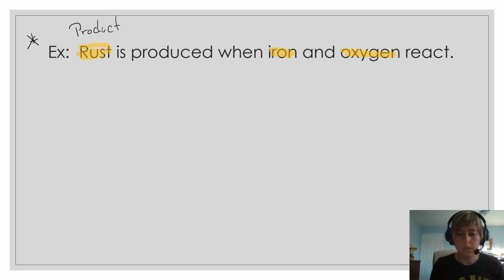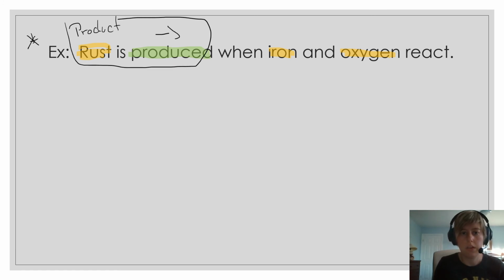So "is produced," again, produced is a buzzword for yield, but I need to remember that these 2 things are on the other side of my reaction. So I'm just going to write this down right now so I don't forget. Rust. Awesome.